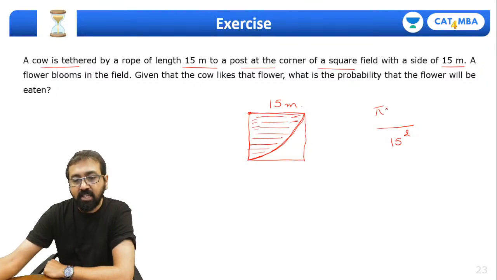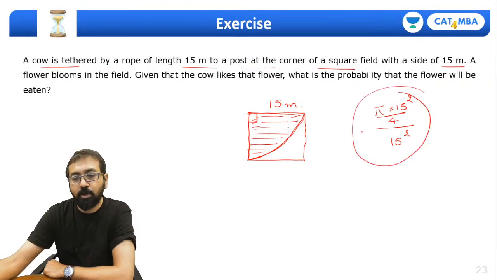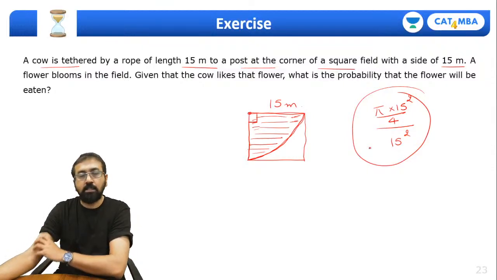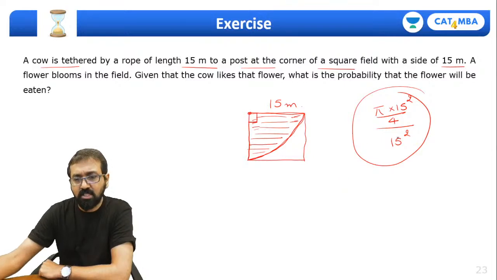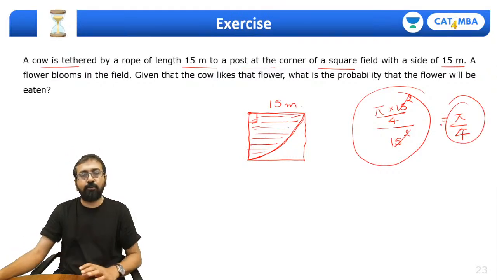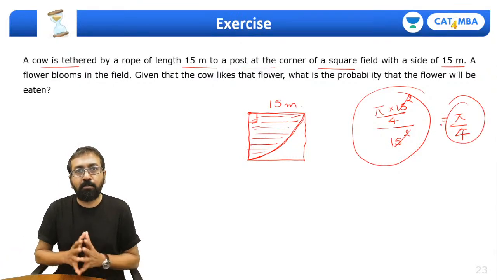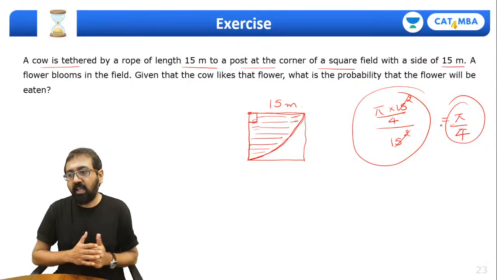Can I say it's pi into r square, which is 15 square by 4, because it's a quarter circle, the angle is 90 degrees, so this became a quarter circle. So this is the probability of that flower being eaten. Guys, have you all understood this? Now you can solve this part, and this 15 square will be cancelled off, so it will be pi by 4. You don't need to solve this further. You'll always find this kind of option in the exam: pi by 2, pi by 4, pi by 8, something like that. Okay, everyone?